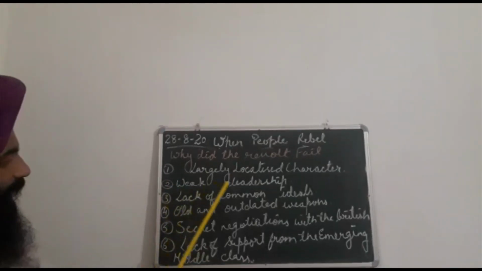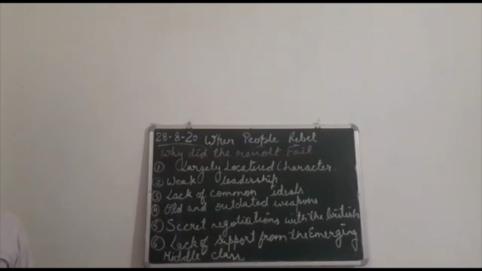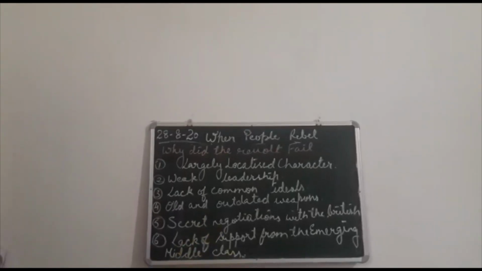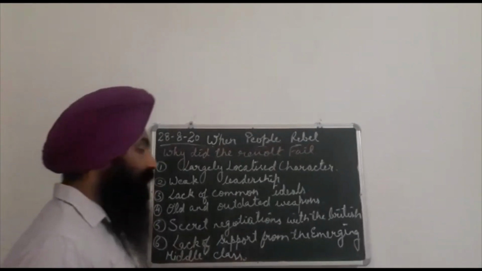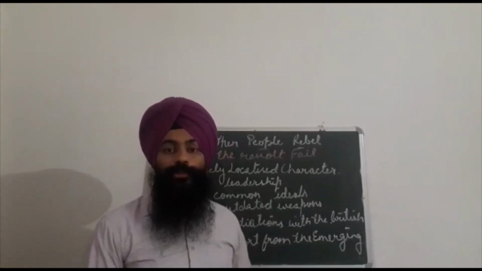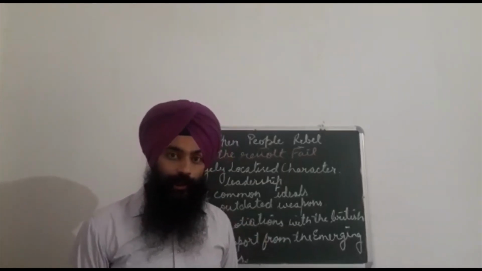The second reason was weak leadership. The leader of the revolt of 1857 was Bahadur Shah Zafar. The leadership of the movement was weak. Most of the leaders were motivated by narrow personal gains. They took part in the revolt to safeguard their position in their areas. For example, Lakshmibai took part to secure Jhansi against the doctrine of lapse.